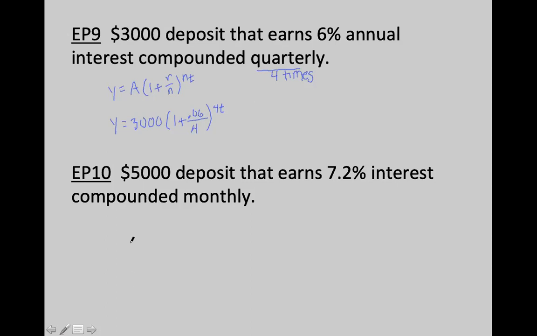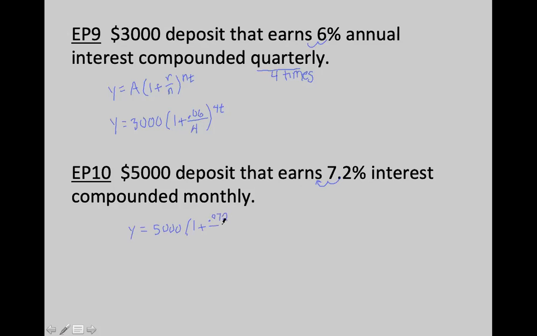All right, let's do the same thing here on number 10. This time we're depositing $5,000. We have 1 plus, got to do our interest rate. Remember to change your percent to a decimal. You're moving that decimal point 2 places to the left, right? Just like 6% was 0.06, so 7.2% is 0.072.